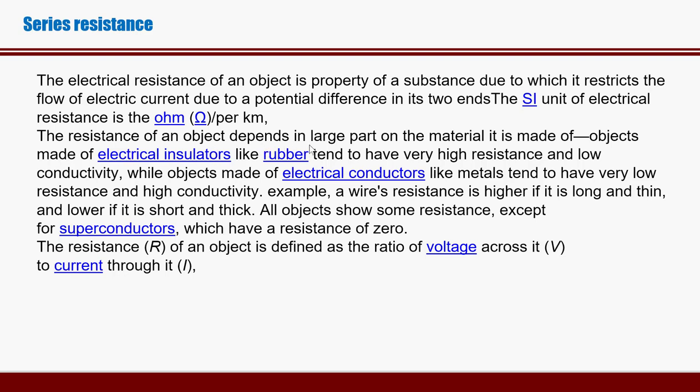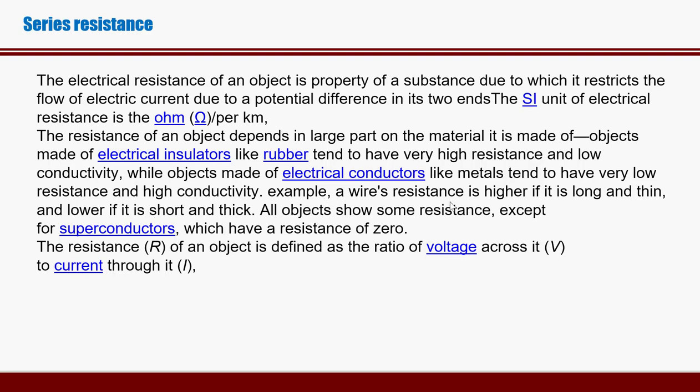Generally, the resistance of an object depends upon the material it is made of. Insulators like rubber have higher resistance and low conductivity, while objects made of pure conductors like copper or metals have very low resistance and high conductivity.